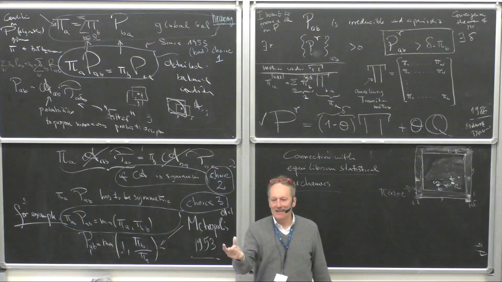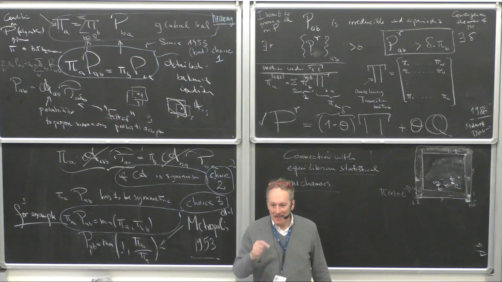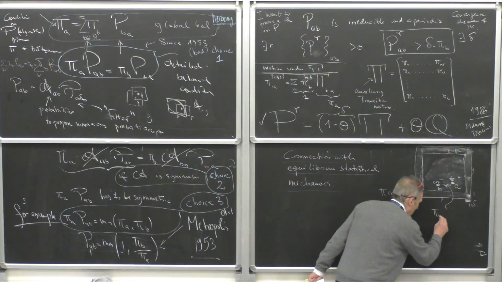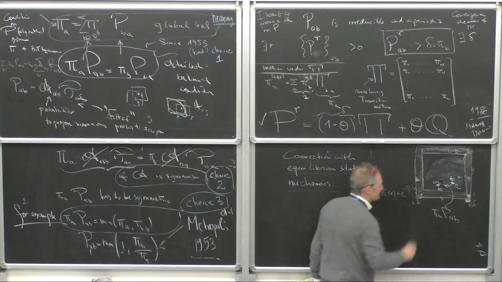Well, it's pi a, the probability that we were at a, times p from a to b.